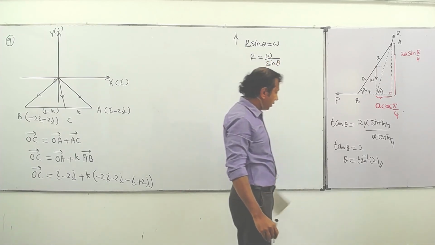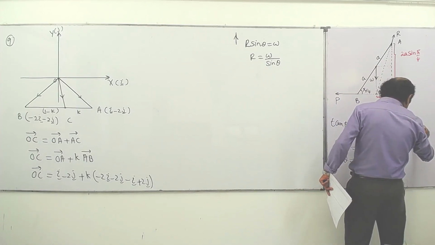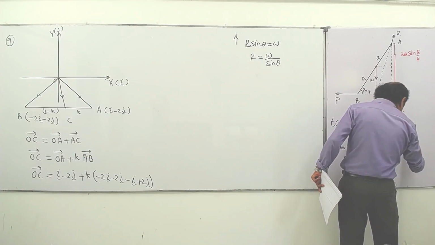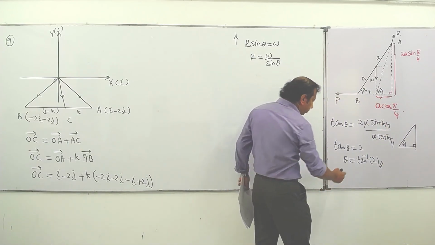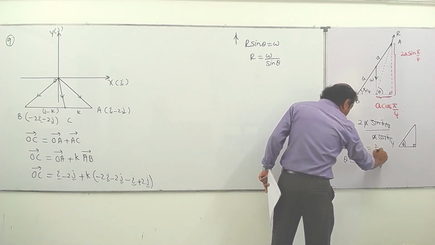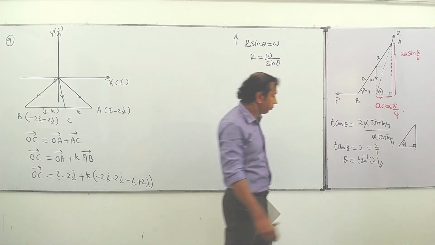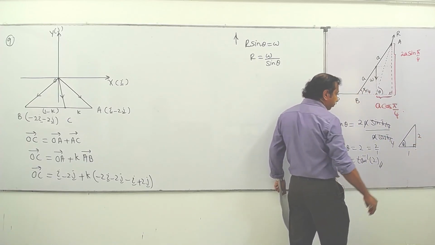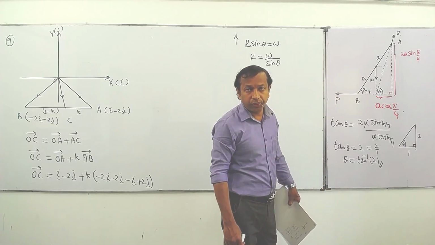People, for this tan theta equals 2, we can draw a triangle like this. Tan theta 2 means 2 over 1, no? Tan means opposite by adjacent. Opposite 2, adjacent 1. Then the hypotenuse is going to be the square root of 2 squared plus 1 squared. 2 squared is 4, 4 plus 1 is 5, root 5.